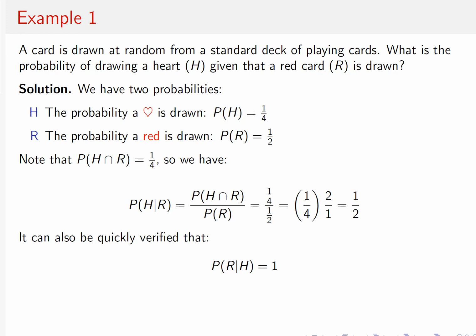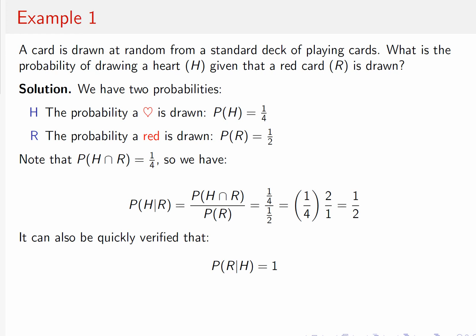You notice that the probability of H given R is different than the probability of H, 1/2 versus 1/4. And the probability of red given H compared to the probability of red is different. So these are not independent sets. We can still calculate the conditional probabilities, but they are not independent sets.